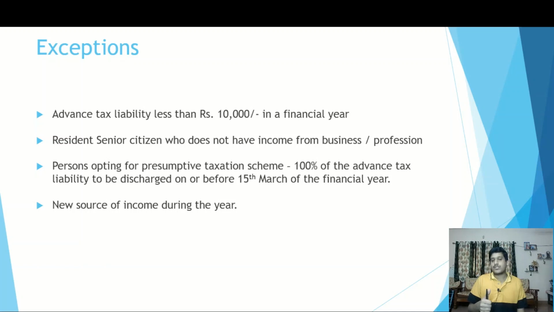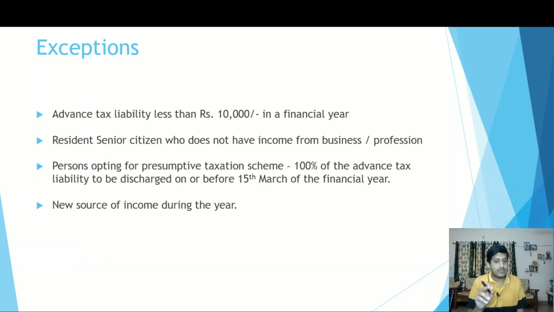One more exception provided in the law is if you are a resident senior citizen who does not have income from business or profession, then advance tax liability need not be discharged. This is available only for resident senior citizens, and the senior citizen should not have income from business or profession. He might have income from any other source. He might calculate the total tax and pay along with filing the return of income. There won't be any interest that will be charged.